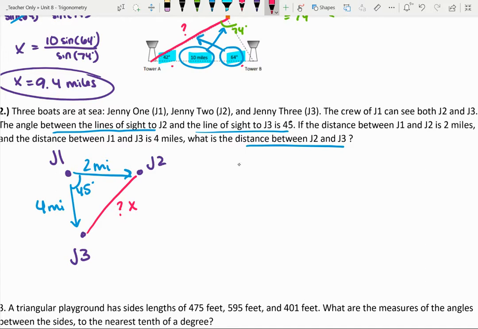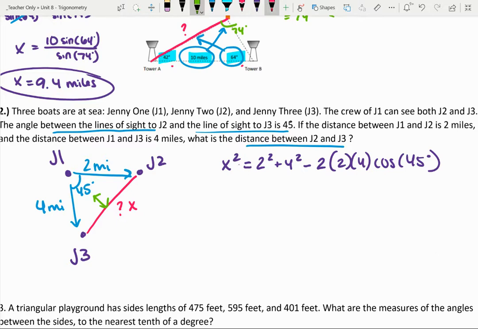So I'm going to set this up as x squared is equal to 2 squared plus 4 squared minus 2 times 2 times 4 times cosine of 45 degrees. Remember, I set up x as being alone on the other side of the equation because the angle that I did have was its opposite angle. So that's why I know to put x on the opposite side of the equal sign.